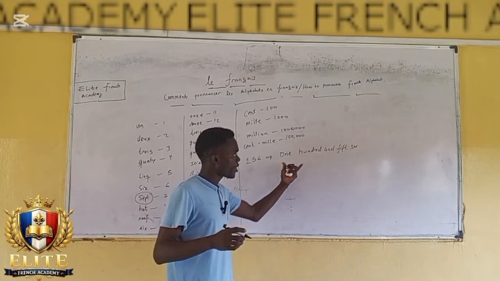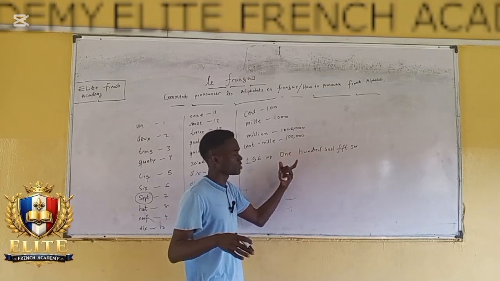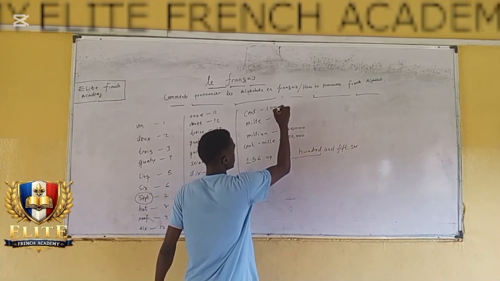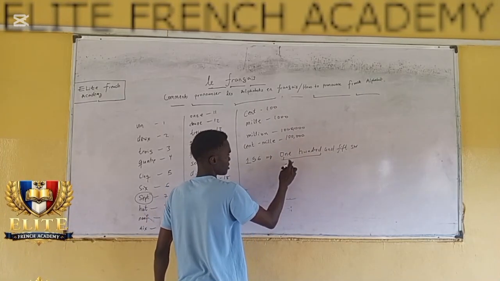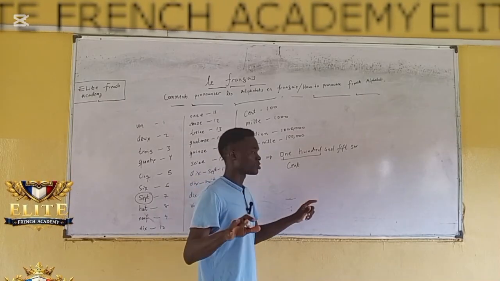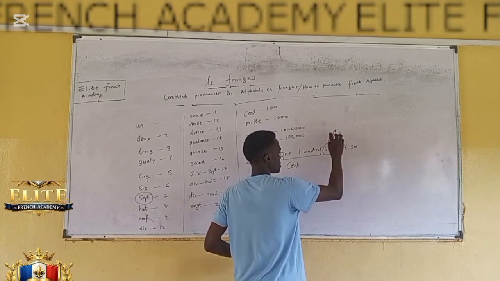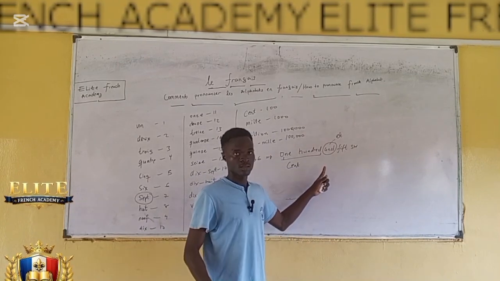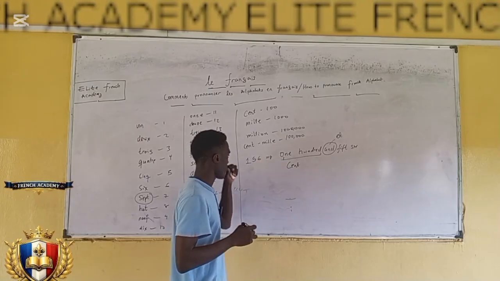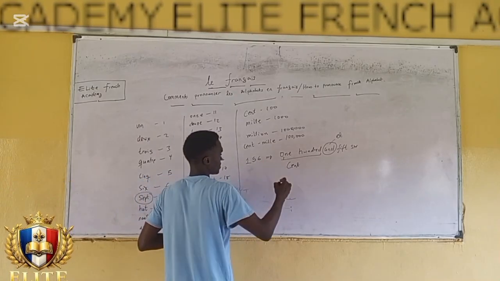Okay, now I already know that it's 156, but how am I going to put this number into French? 100 is 100. You are done with that, but you are not yet done. This "and", which is in French, eliminate it. Okay, so 156. Now, how can you know this?